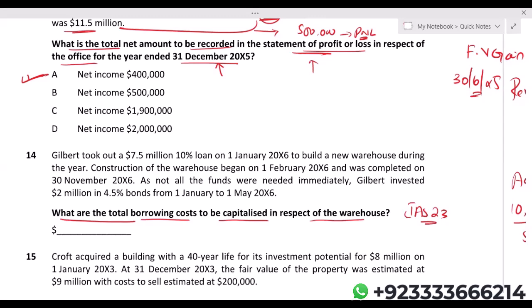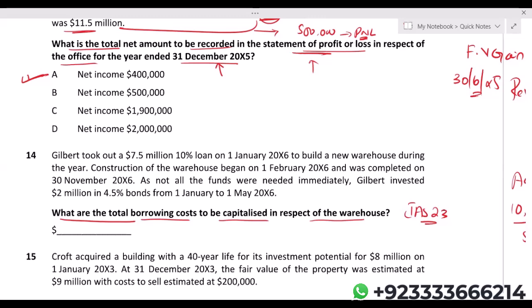But in case of specific borrowing, how do we calculate the borrowing cost to be capitalized? Basically, when you have started the expenditure on the qualifying asset, on the preparation, development or construction of the qualifying asset, from that period onwards, whatever borrowing cost you are bearing will be capitalized, minus the return which you have earned on short-term investment.